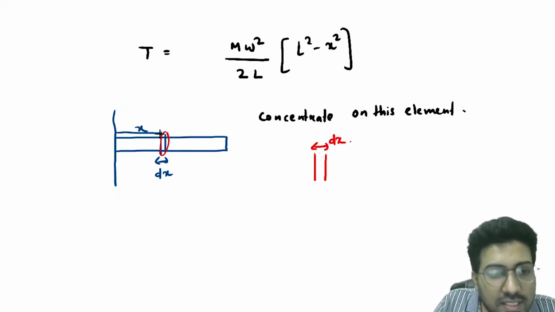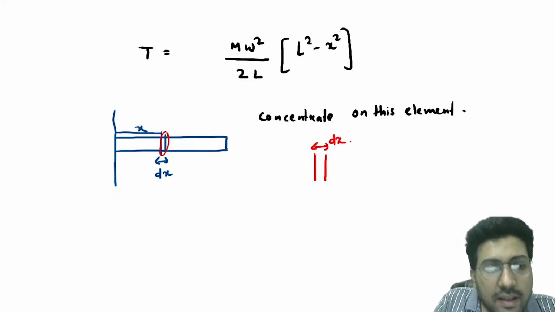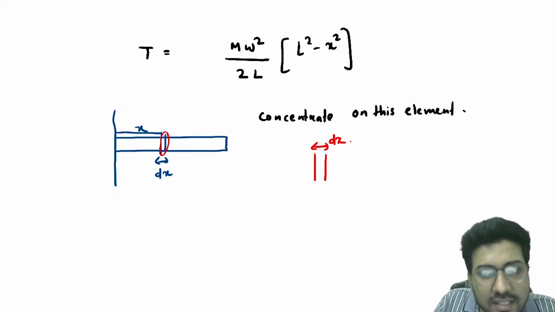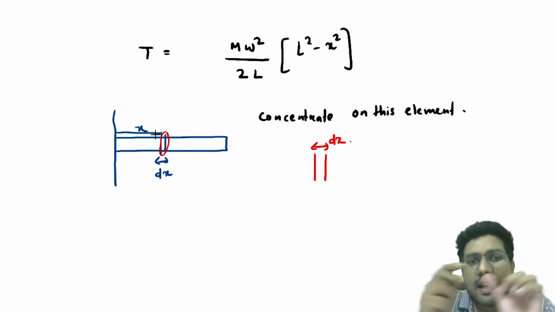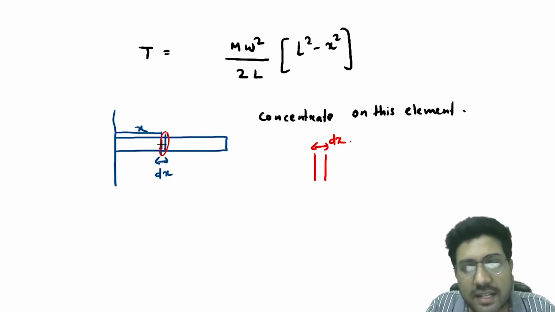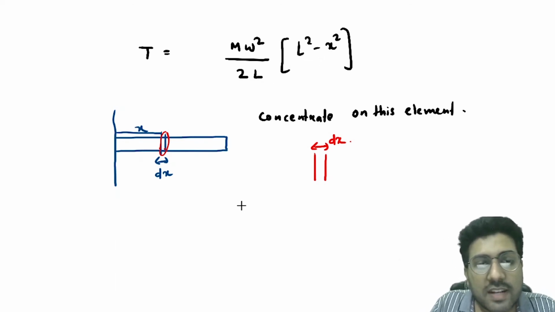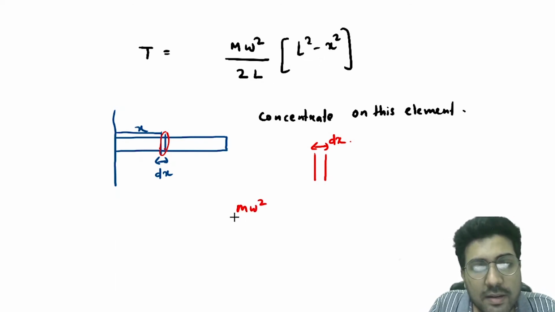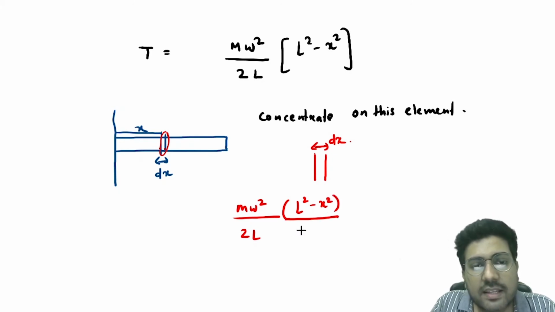Although this is x and this is x plus dx, so obviously the tension here will be Tx and here Tx plus dx, because dx is so small, I will assume that the tension in this element is constant, and that is m omega square by 2L into L square minus x square. So I will write m omega square by 2L into L square minus x square divided by area.